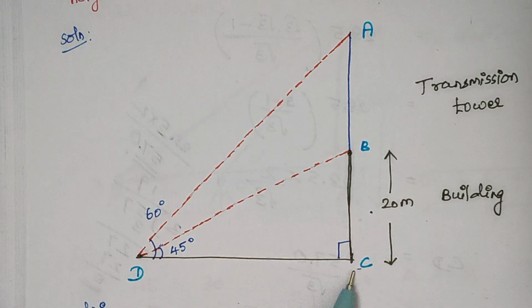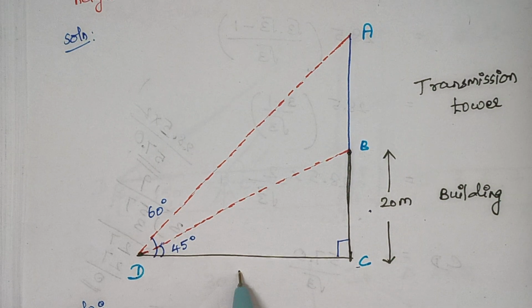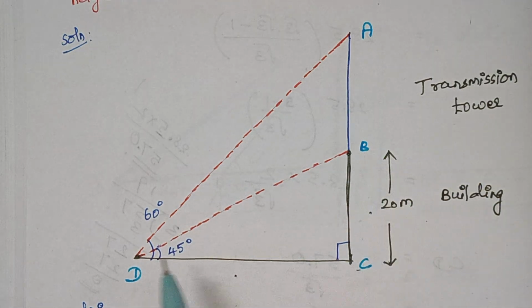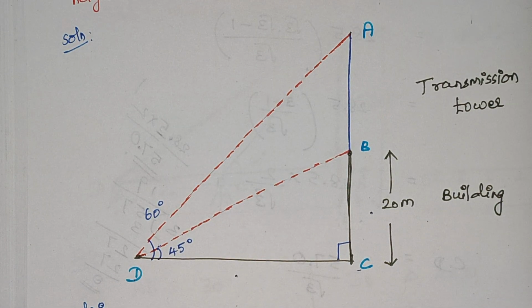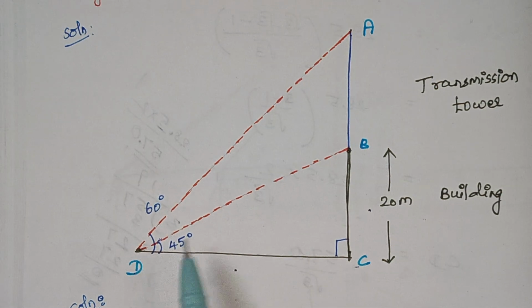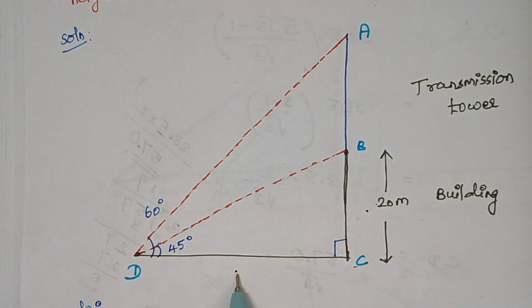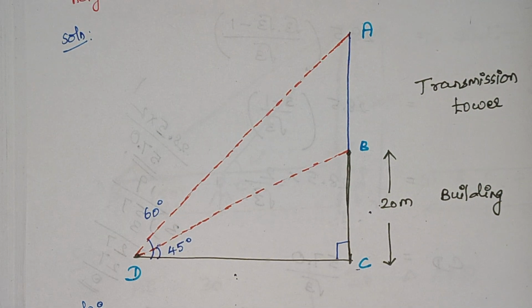So this side CD forms your adjacent side for both the triangles. For the triangle BCD, CD is the adjacent side. Similarly, for the triangle ACD, again CD is the adjacent side. So here we are finding the value of CD first. Therefore, this is your angle, this is your opposite and this is your adjacent side, right? So what is the term that relates opposite and adjacent side?